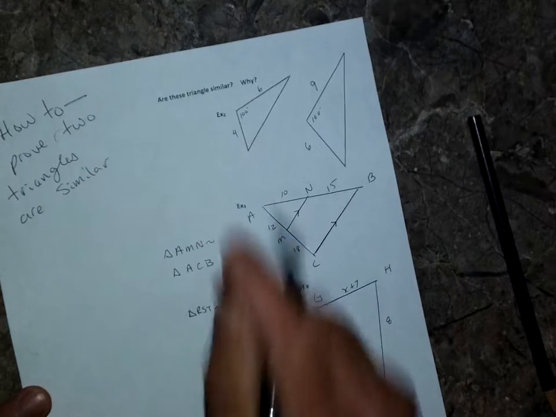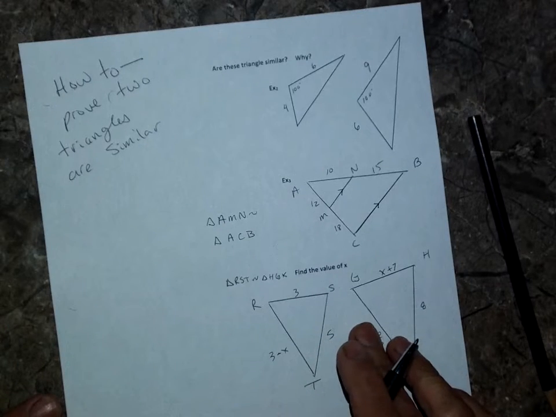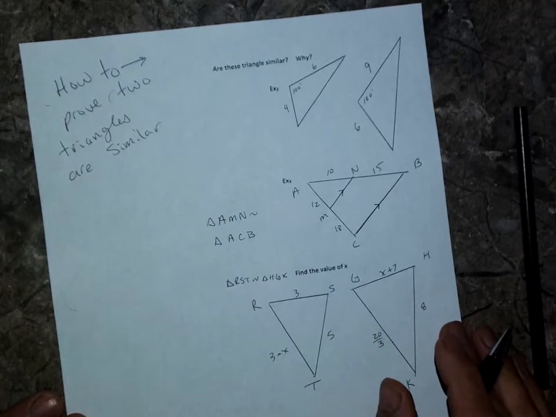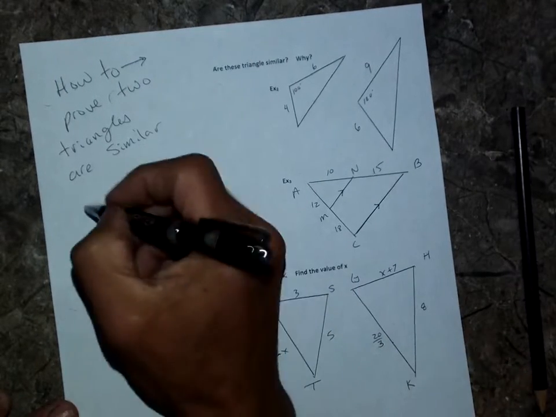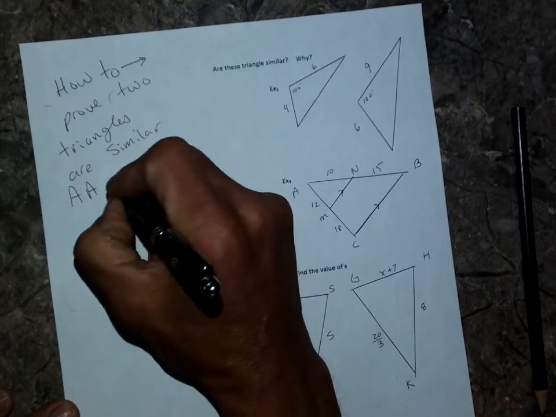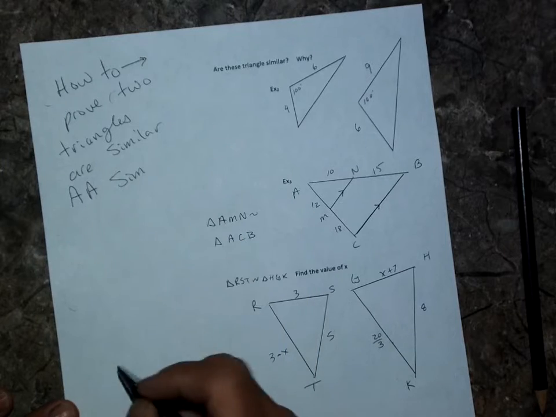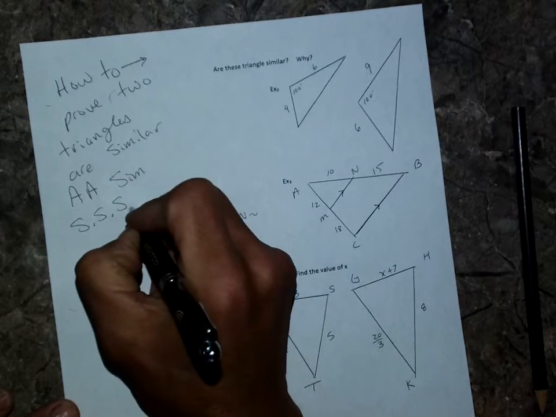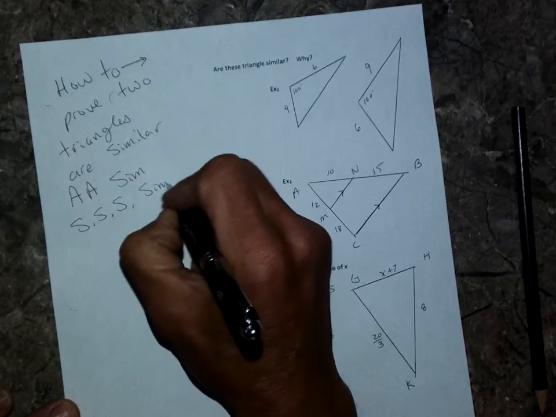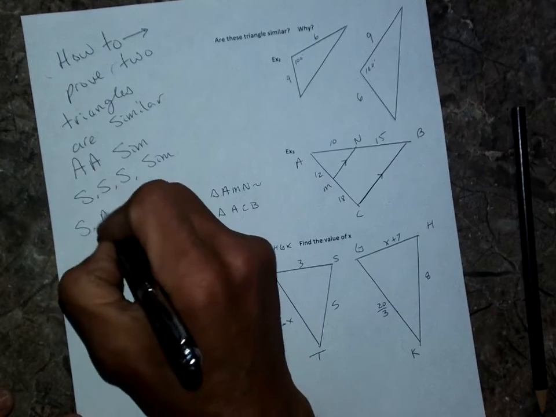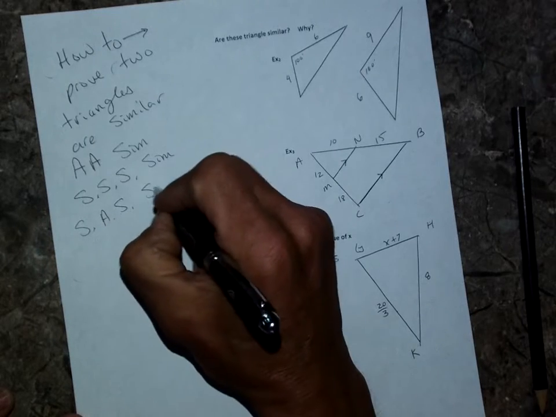Remember, similar means same shape, different size. Yesterday we learned about angle similarity. We just saw side, side, side similarity. And there's one more, and that is side, angle, side similarity.